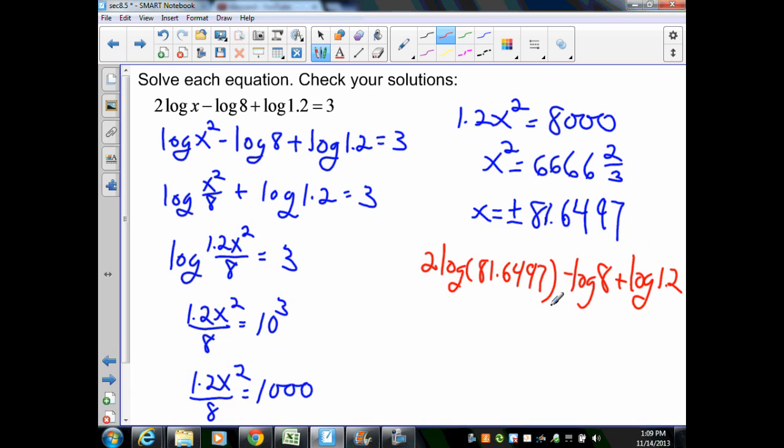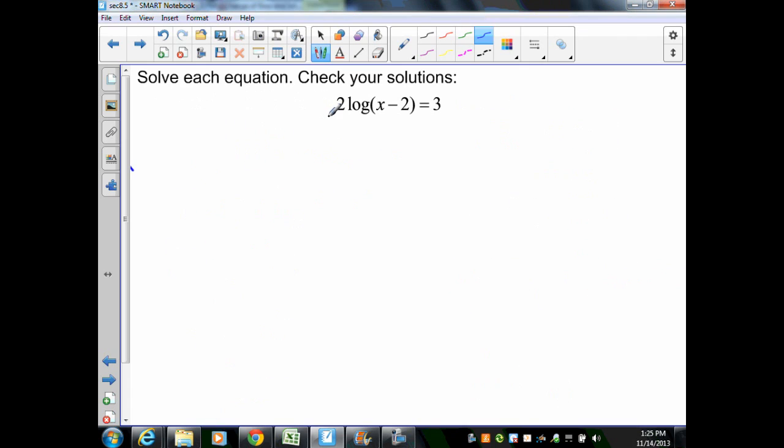And when I calculate that, I'm going to get an approximation of 3. Therefore, I know that positive 81.6497 is going to work, while when I do the same thing with a negative 81.6497, I get an error. Therefore, the approximation for x is 81.6497.